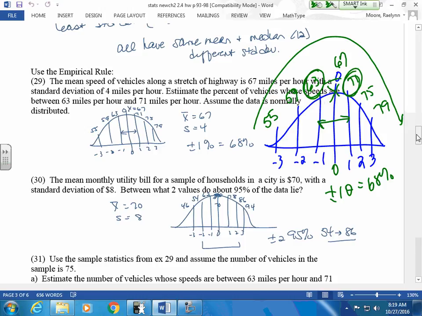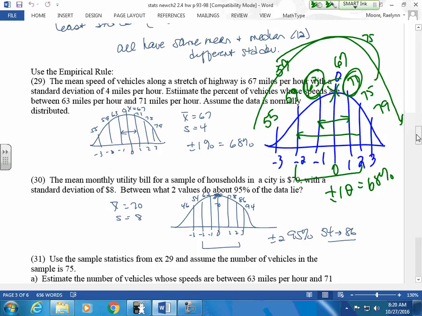So when you lay these out and you look at these x values, what standard deviation is this? 1 down, 1 up. It's a symmetric graph, so this whole area is plus or minus 1. Plus or minus 2 is from here to here, so it goes from 59 to 75.